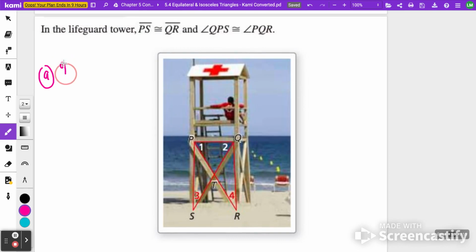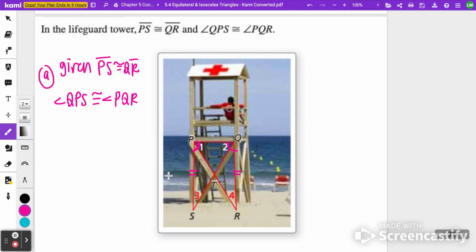So we are given that PS is equal to QR and angle QPS is congruent to angle PQR. Okay, here is PS. Here is QR. QPS is here, and PQR is here.